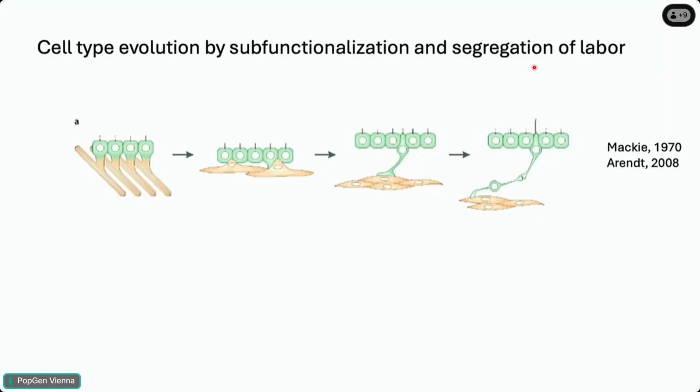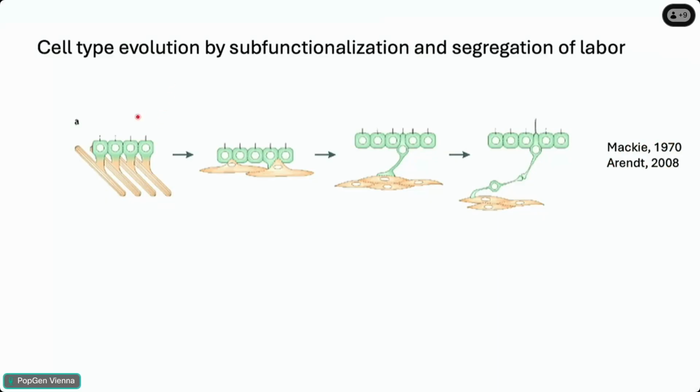Now, in terms of evolution of these kinds of situations, this scheme was put forward first by George McKee in 1970, then revived by Detlef Arendt, where the idea is that cell type evolution and diversification might occur by some sort of subfunctionalization and segregation of labor.